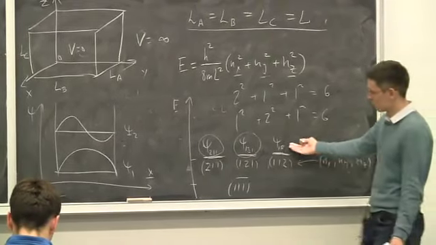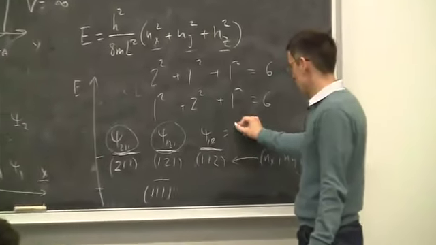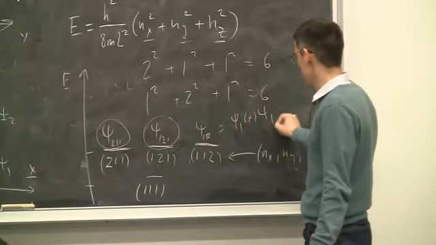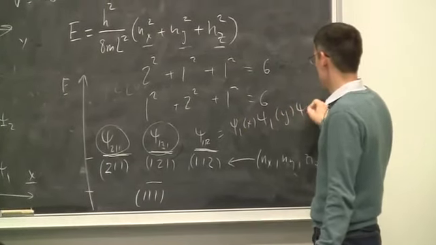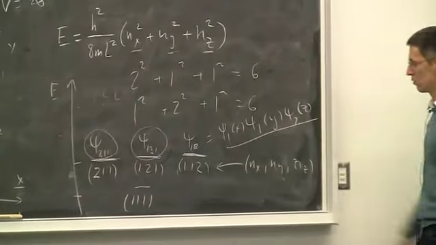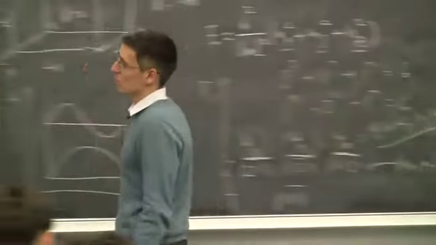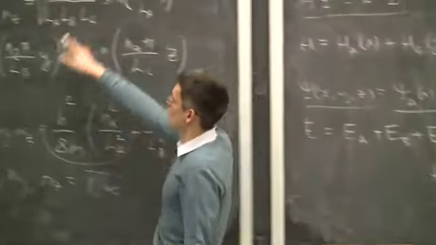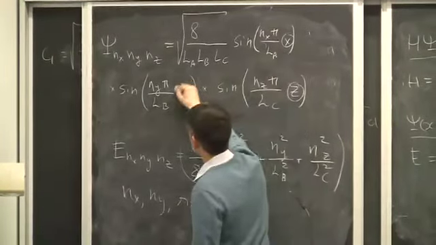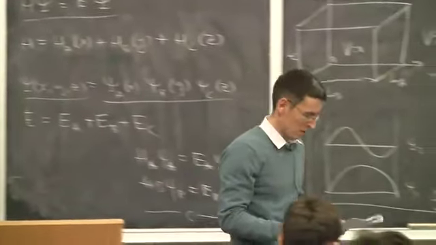So the functions look different simply because they are products of, say, psi 1 x, psi 1 y, psi 2 z, right? If you write down this function in terms of sine functions, you can see that nx, ny, and nz always affect their own coordinates, x, y, and z.